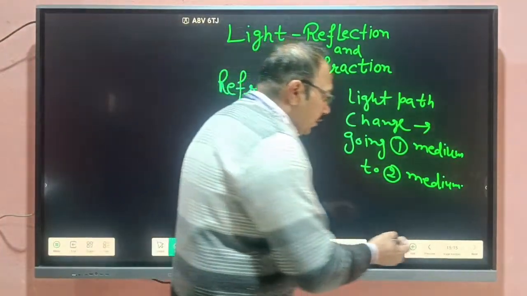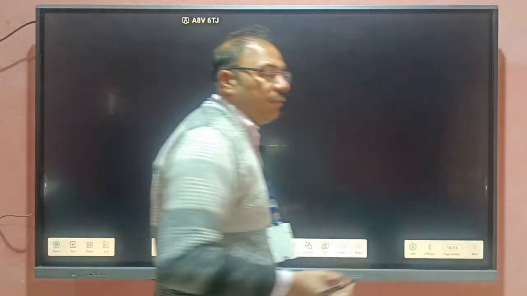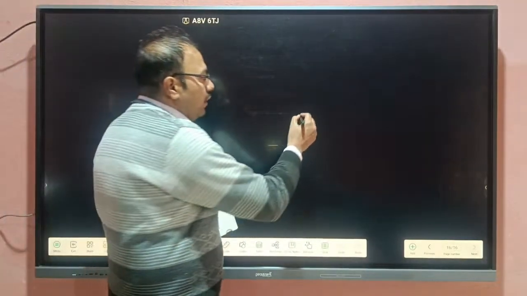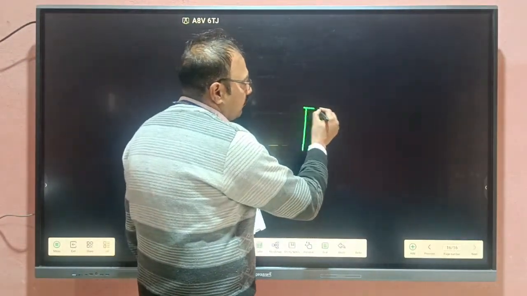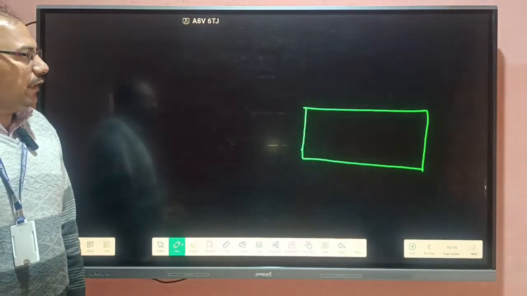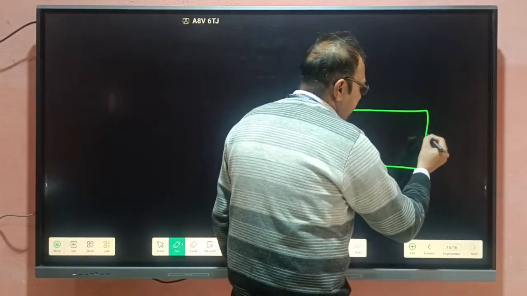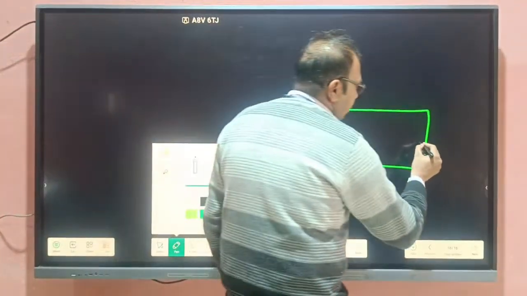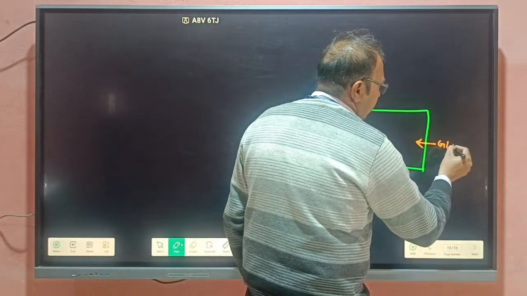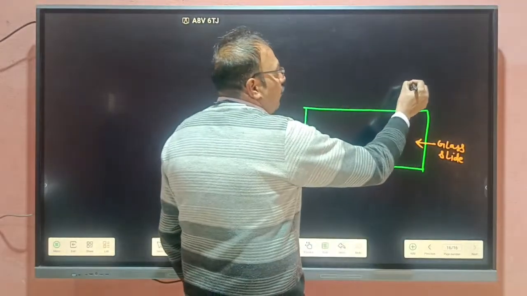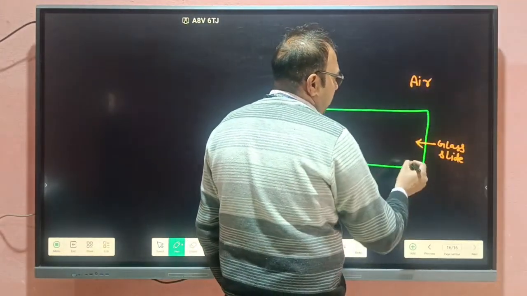We understand this with the help of a diagram. We make a glass slab of a particular thickness. This is the glass slab. Here is air, and here is glass.